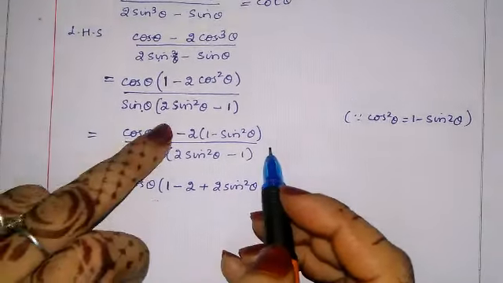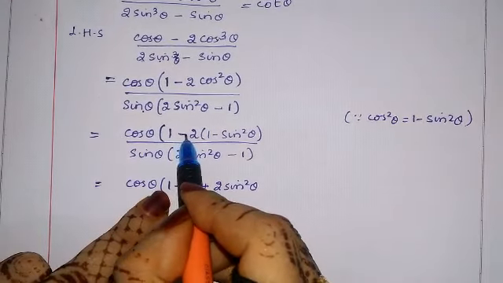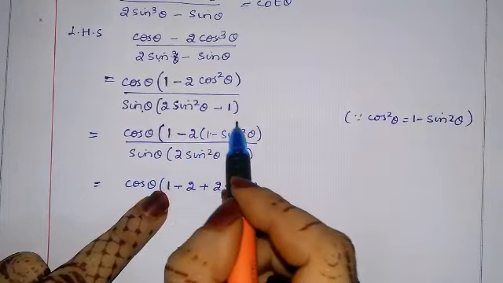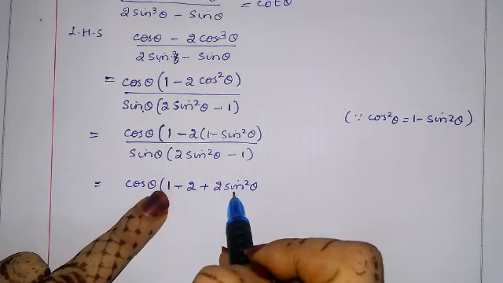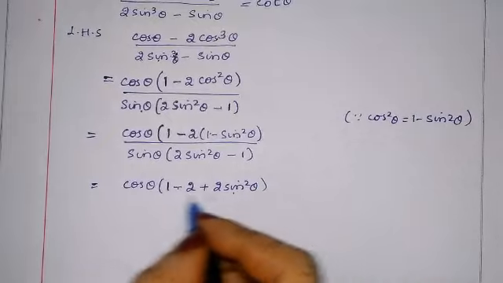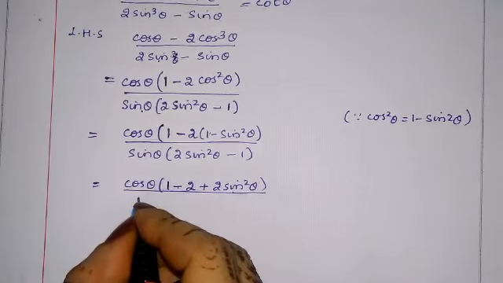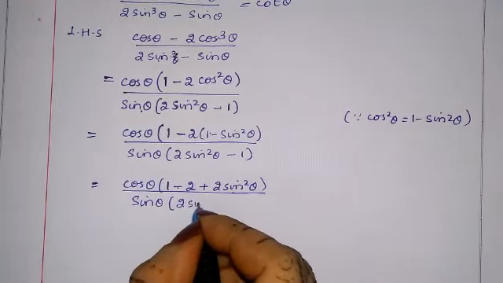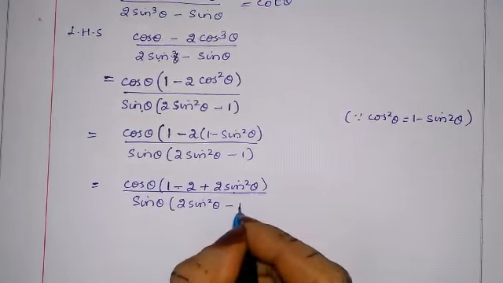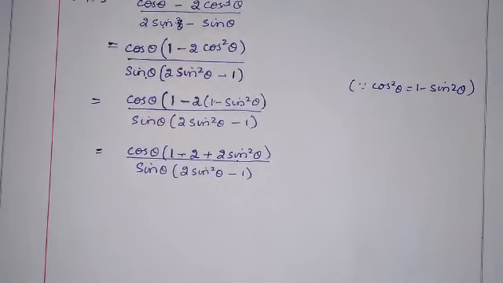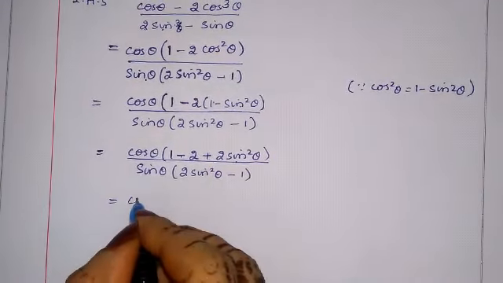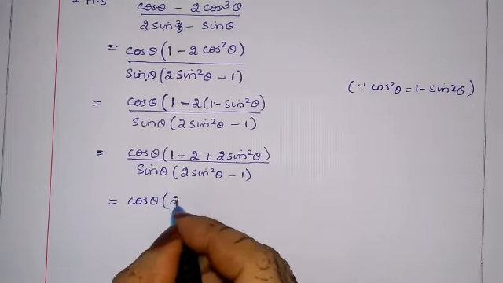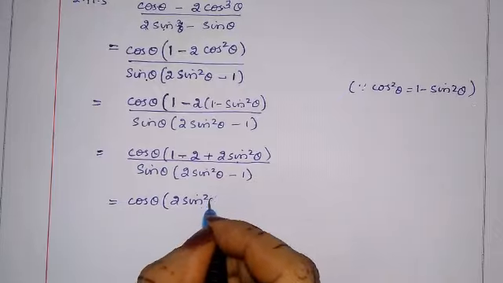What I have done here, 1 I have written as it is, minus as it is, 2 ones are 2, 2 into sin square theta is 2 sin square theta upon denominator as it is, sin theta into 2 sin square theta minus 1.